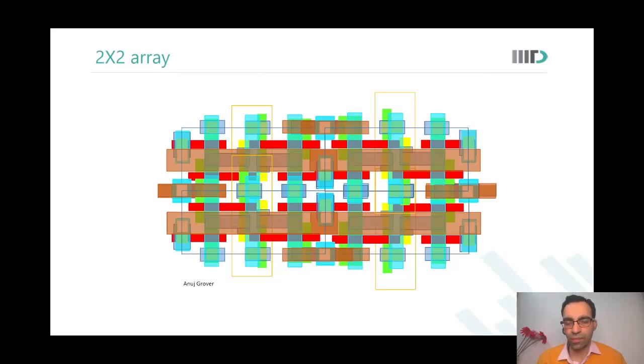So from this, it seems that we have only done Y mirroring. We are mirroring vertically, right? No, we mirrored along this axis and we mirrored along this axis also. They are mirrored along both the axes.